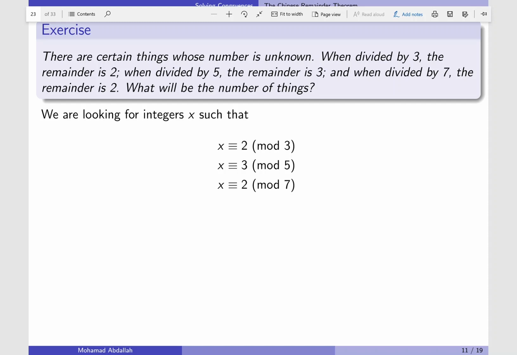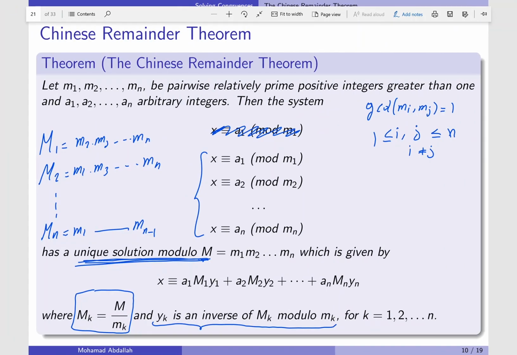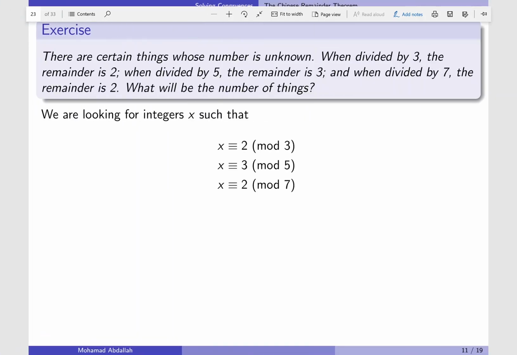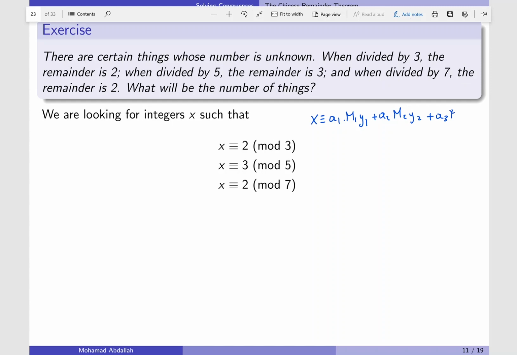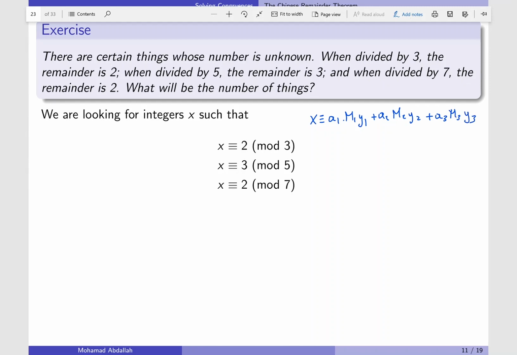Remember that the solution is given by x congruent to a1 M1 y1 plus a2 M2 y2 plus a3 M3 y3, all modulo capital M. Now, first, this is your a1, and this is your small m1.